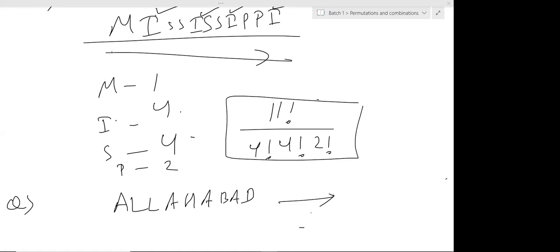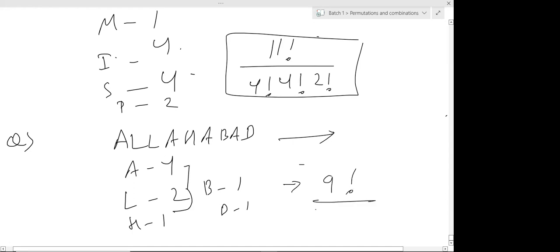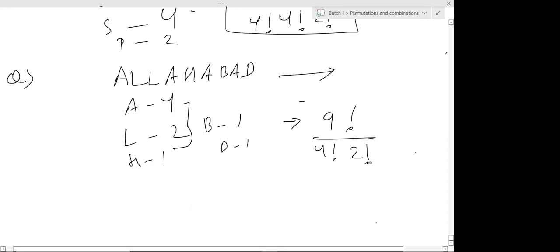Done, sir. All right. So we have 4 A's, L is 2, H1, B1, D1, right? 9 factorial upon 4 factorial and 2 factorial. Gautam, you don't have to divide by 1 factorial, right? 1 factorial is 1 only.